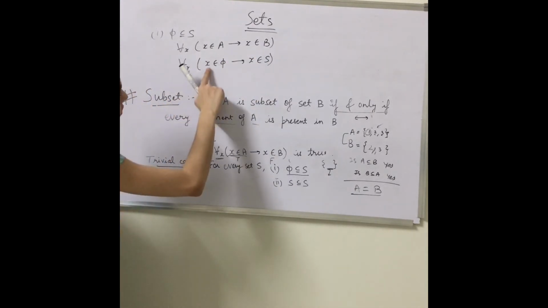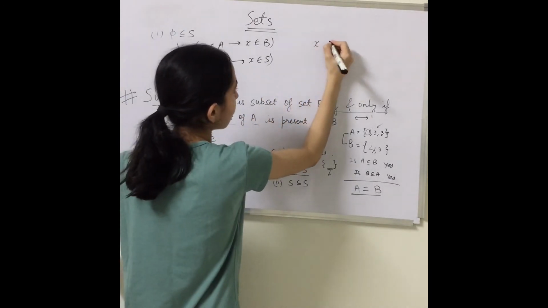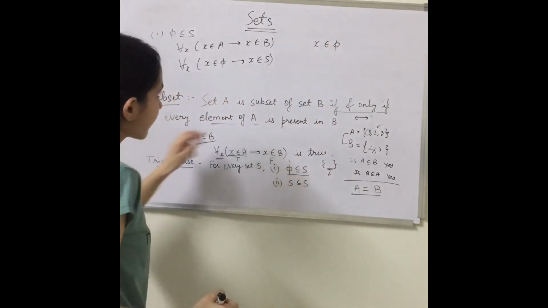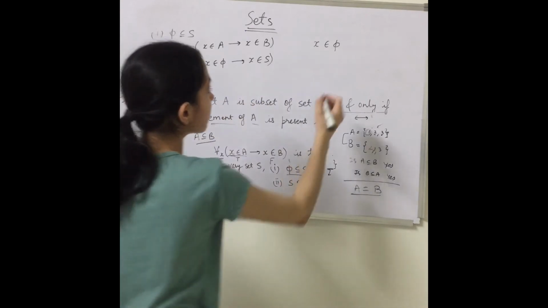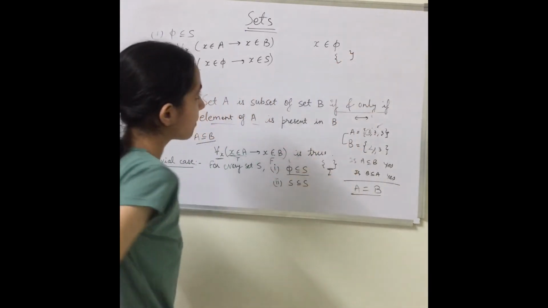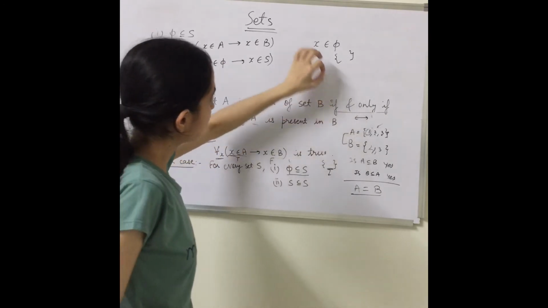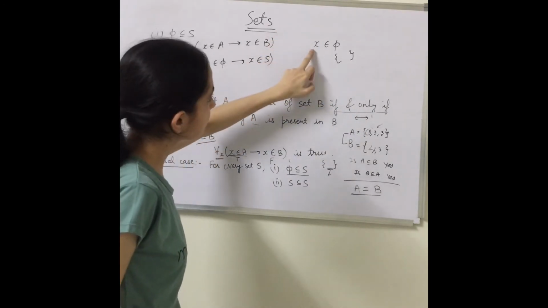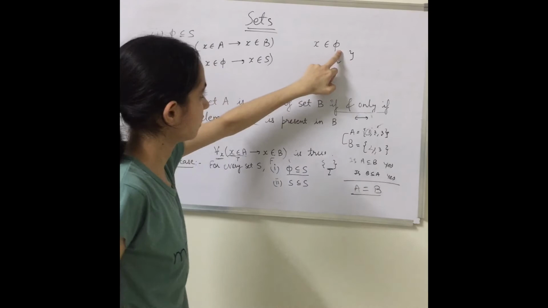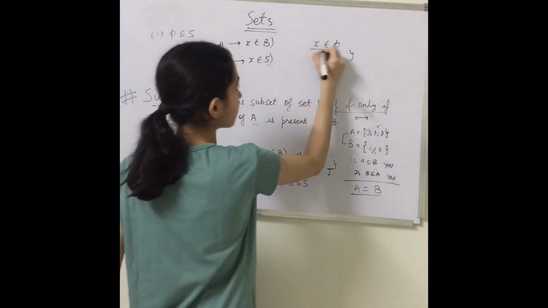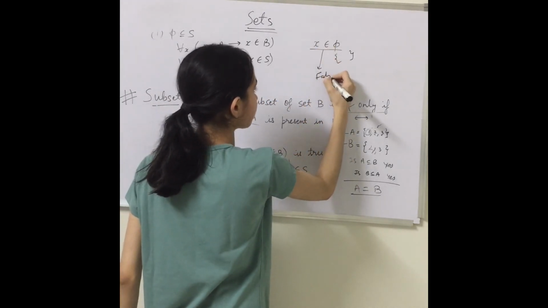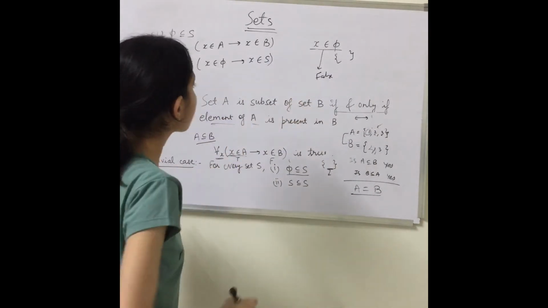So x belongs to phi. What does it mean? Phi is an empty set. Empty set is nothing but a set with no element. So if I say that this element belongs to phi, is it true? This condition is false. And it is very simple in implication.